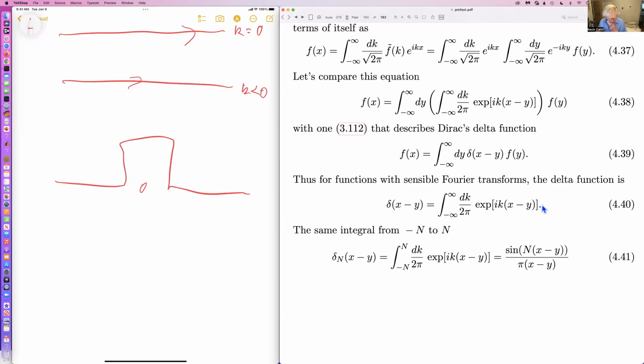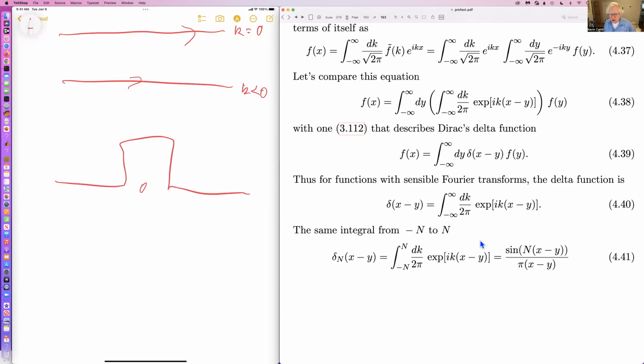The remarkable thing about computers and MATLAB and so forth is that you can verify things like this and see how remarkably true they are. And so we can approximate this by going from -n to +n and doing the integral explicitly. We get sine n(x minus y) over pi times (x minus y). Now I've computed that.